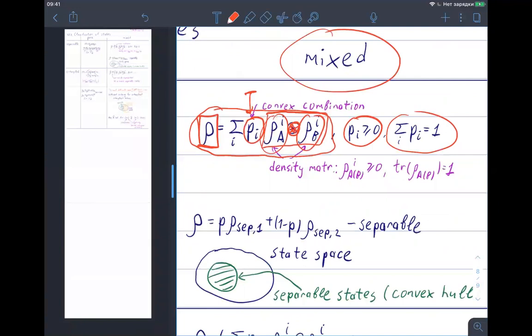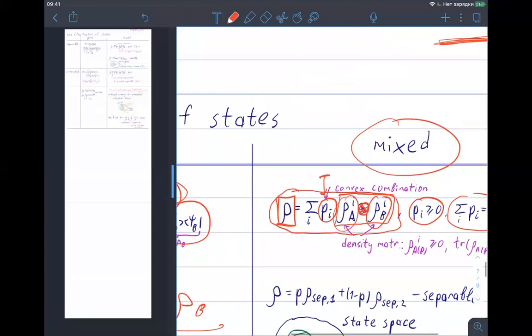So I take some mixed here, take some mixed here, put them in a mixture with some probability. So I can have mixed A, mixed B and get a pure state, and get a mixed state. And if it's pure, it's entangled. If it's mixed, it can be entangled or not.